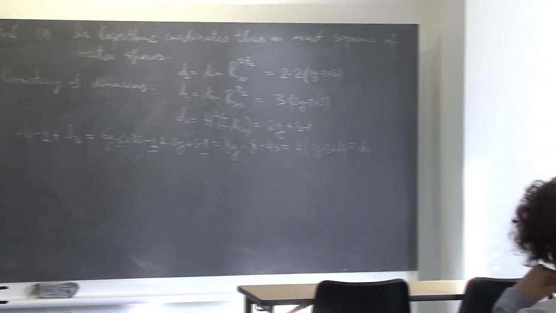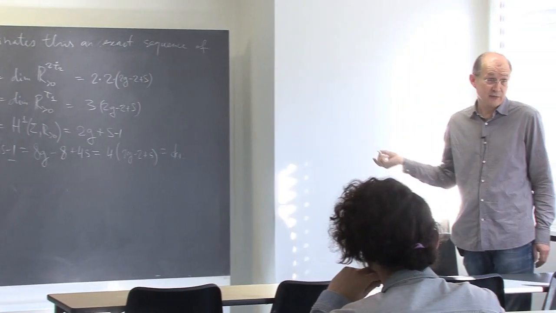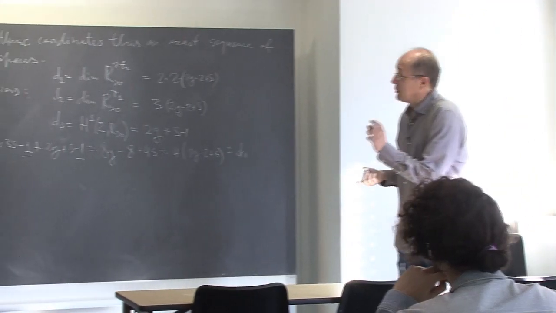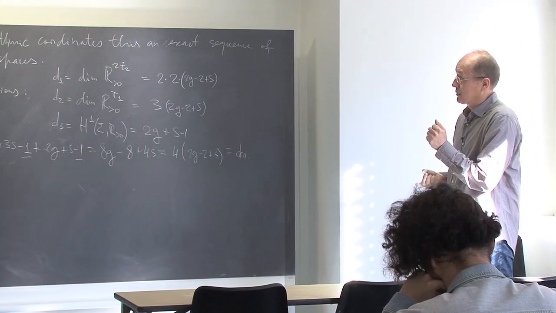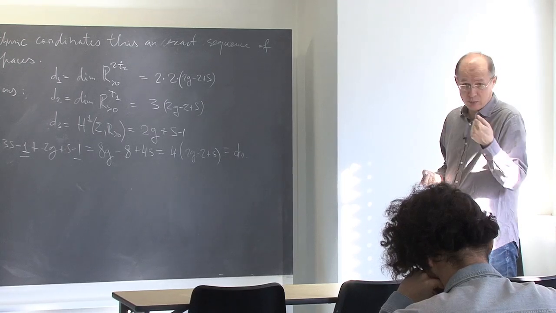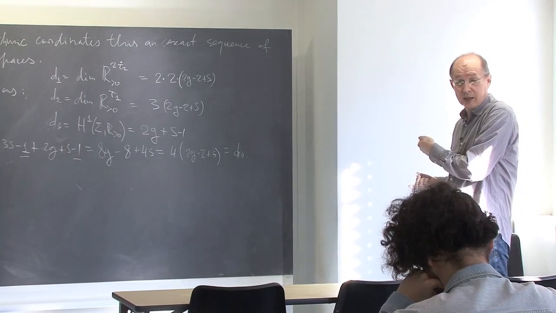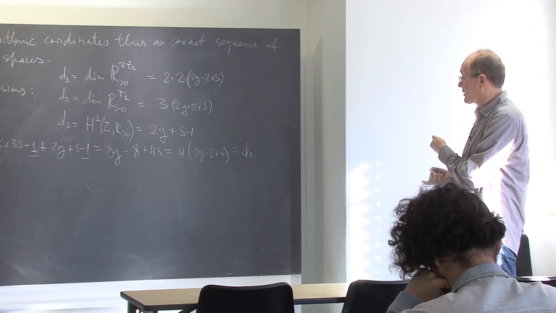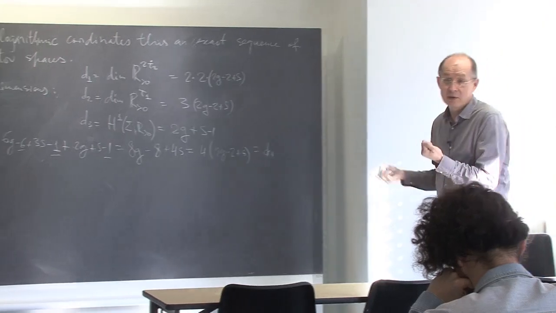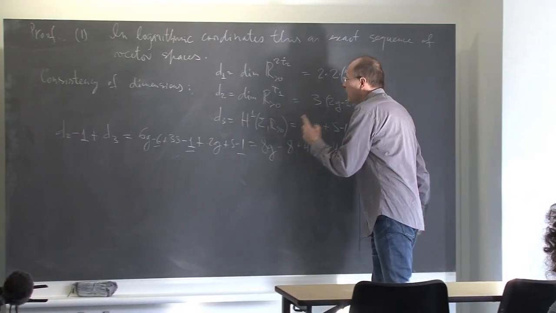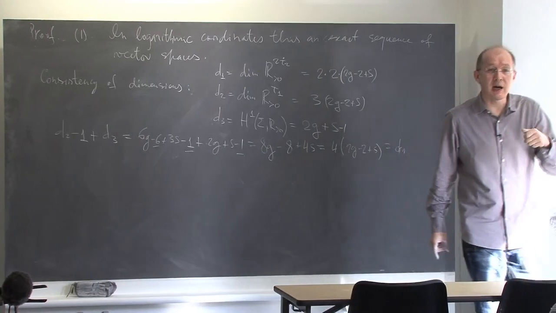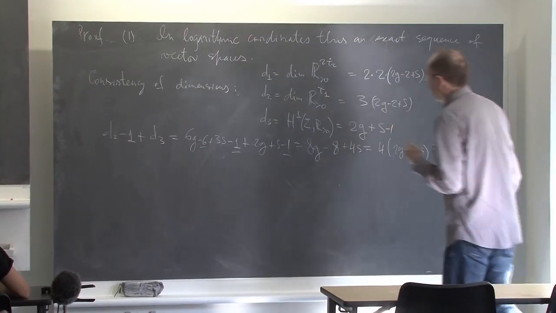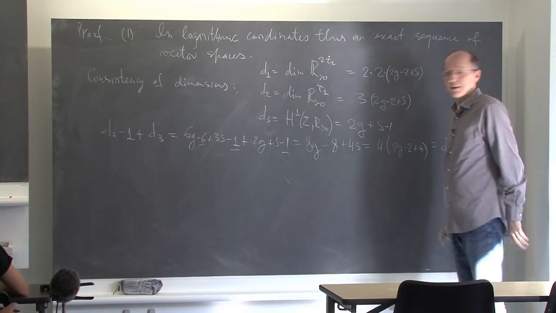And taking into account that these are vector spaces, it's almost enough. So it remains to check that the composition of R tau dot with delta is trivial, and that S tau dot is surjective. S tau dot composed with R tau dot is trivial also, and that will be an exercise.